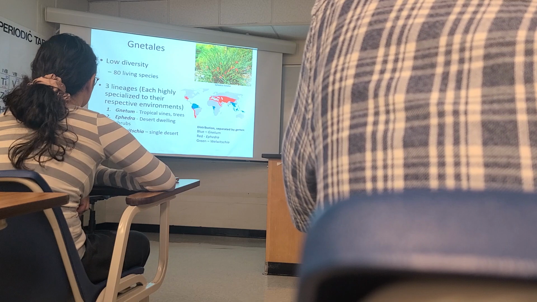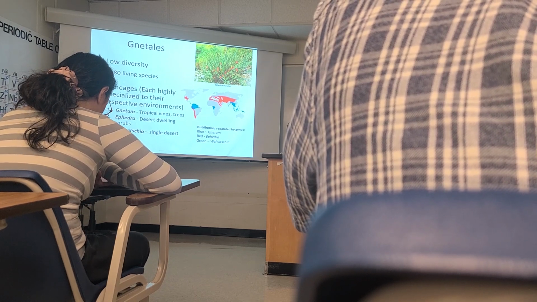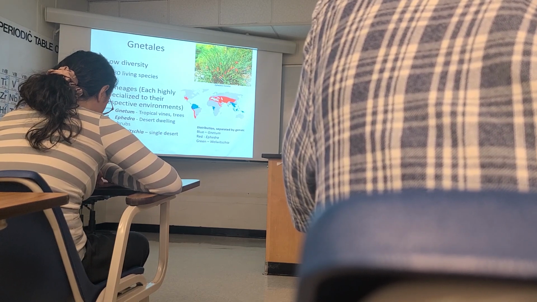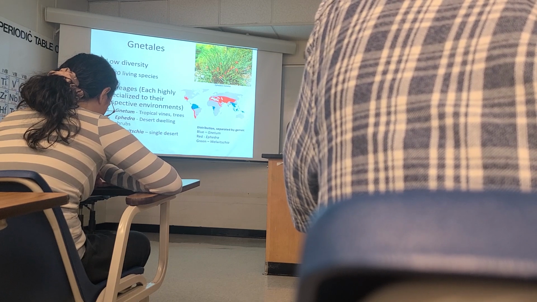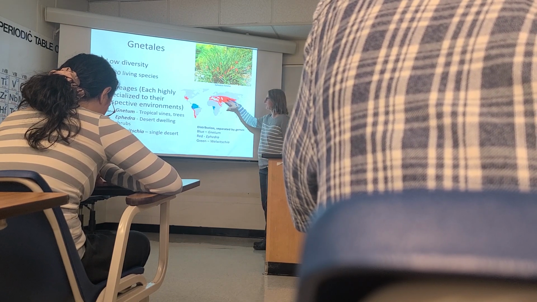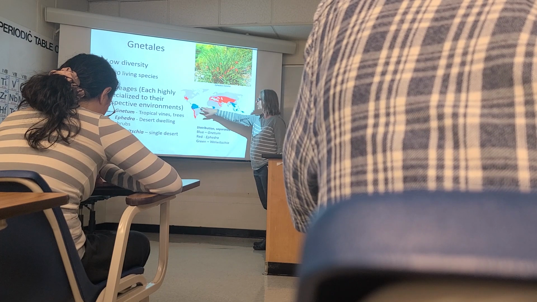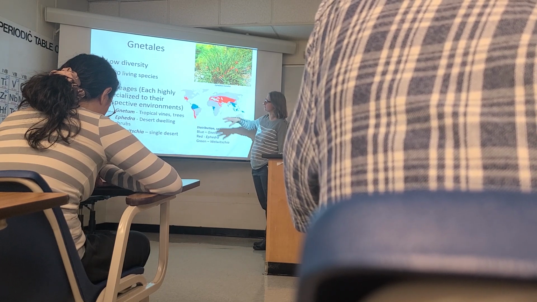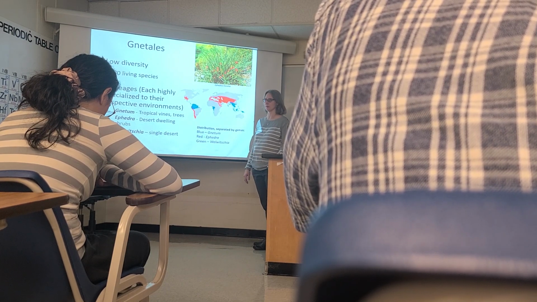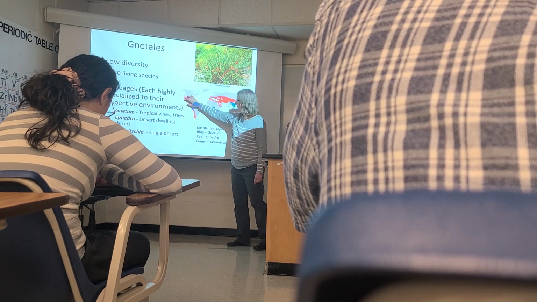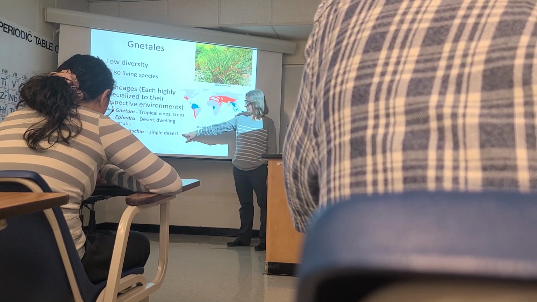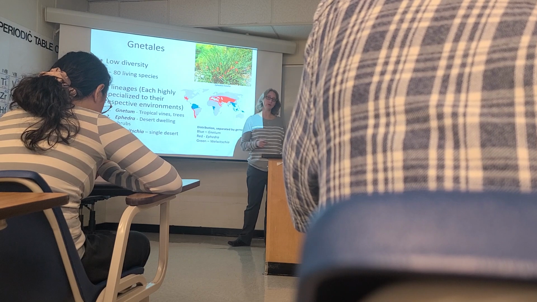And they're very highly specialized for their respective environments. There are some that are tropical vines, right, live only in tropical regions, and you can see those in the red areas, or excuse me, down here, and the blue areas. You have some that are desert dwelling shrubs, and that's the only place they're found, like the red regions right here. And then you have this one right here, Welwitschia, that's only found in a single desert.